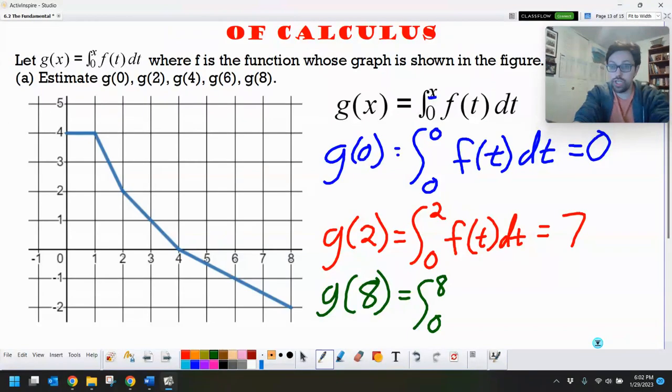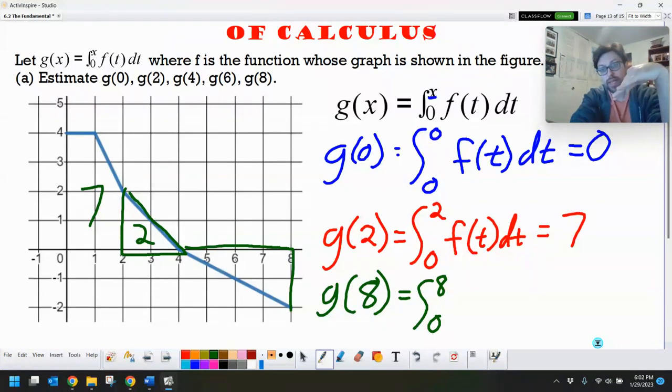I'm going to skip to g of 8, and I want to find the area underneath this curve from 0 to 8. So we know this area over here is 7. We could find the area of this triangle. That's going to be 2. And then there is a negative triangle down here because now we've crossed below the x-axis as opposed to everything that we were finding before was above our x-axis.